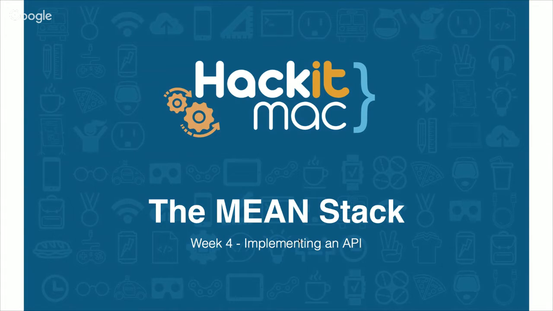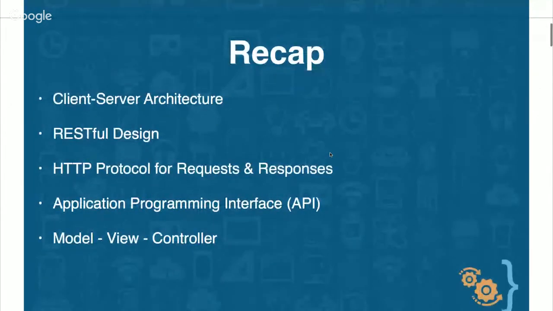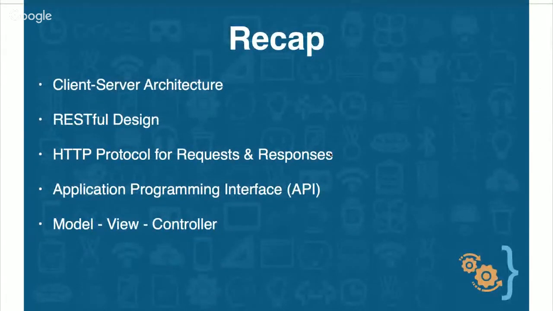Cool. Should we start? All right. So this week, week 4, we're going to talk about implementing the API. Last week, we talked about server client architecture. We went back to the basics, kind of like week 1 material.